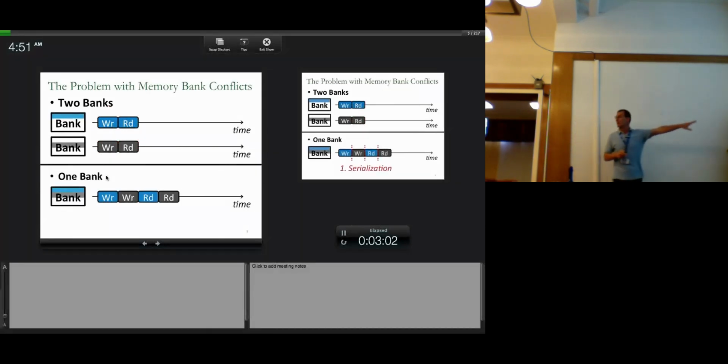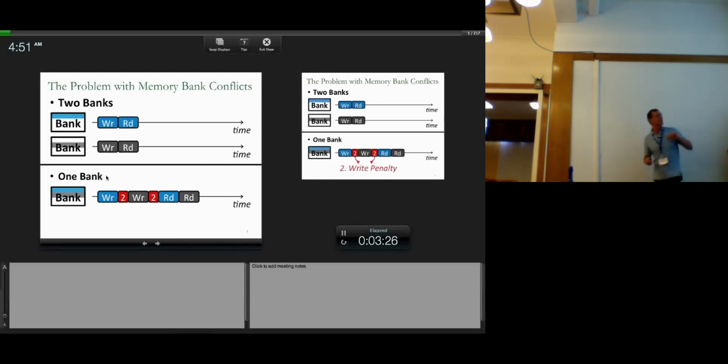The problem is if you have one bank, what happens is these requests get serialized like this. Remember, memory schedulers try to schedule writes in batches because there's a write-to-read switching penalty. So this memory scheduler is scheduling these writes in batches. It first does the writes to different rows, and then it does the reads to the different rows. As a result, you first get serialization effects because there's only one bank.